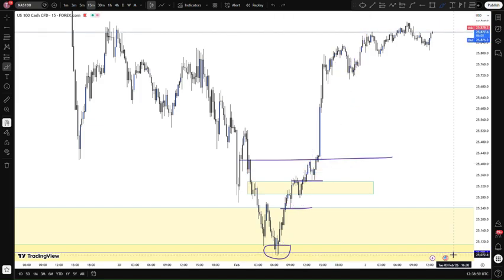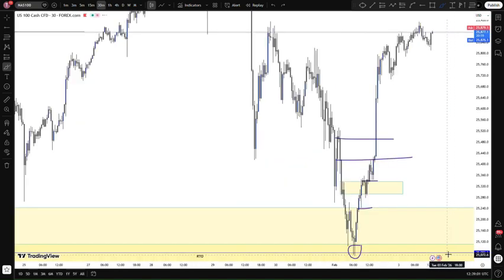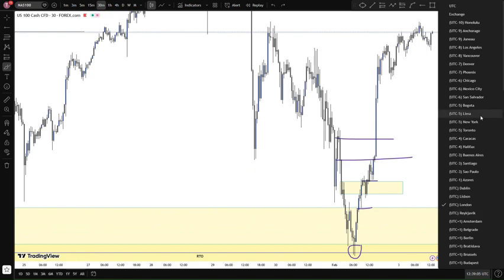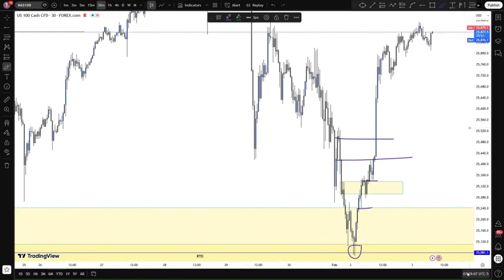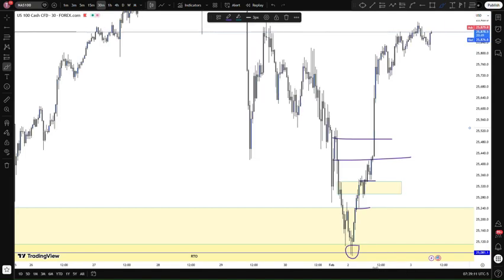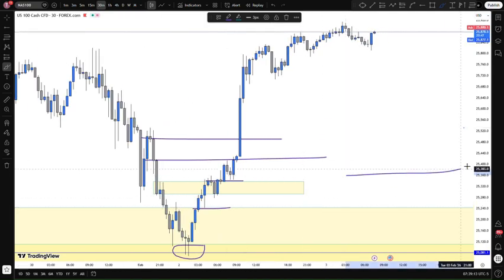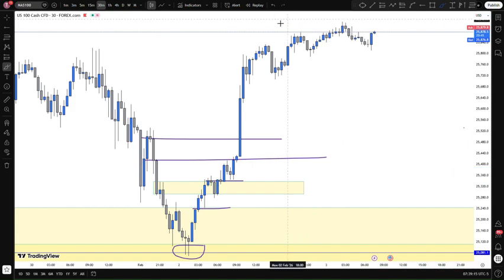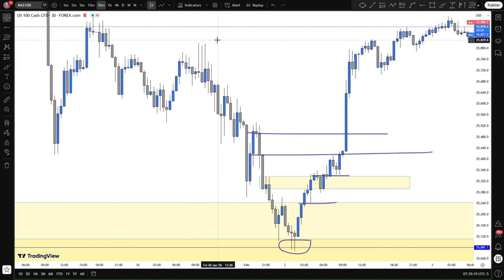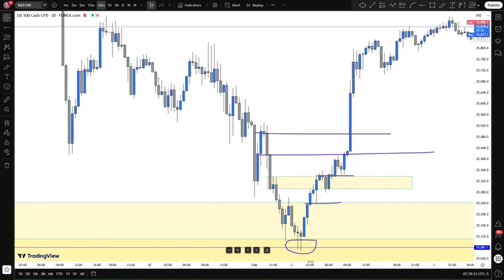For those of you who understand different confluences like the silver bullet entries, you can also look for what we used to call order blocks and breaker blocks, because I don't trade ICT anyway.